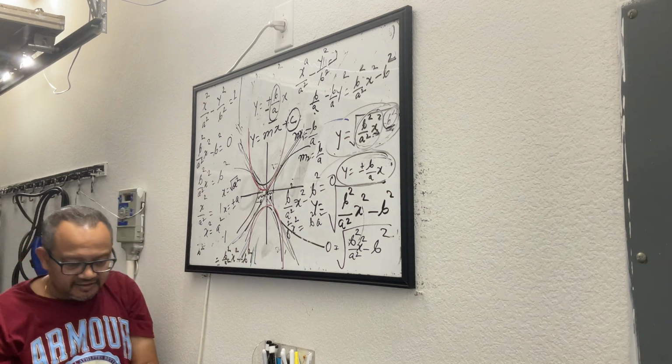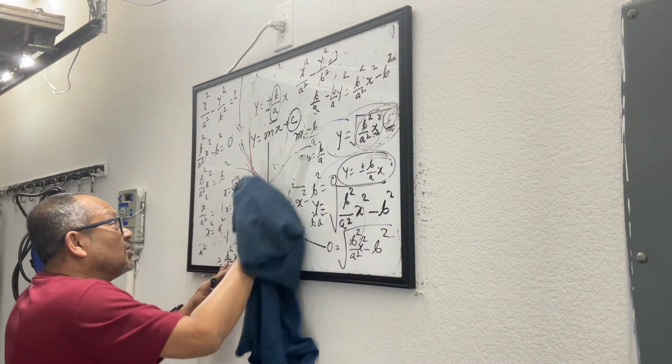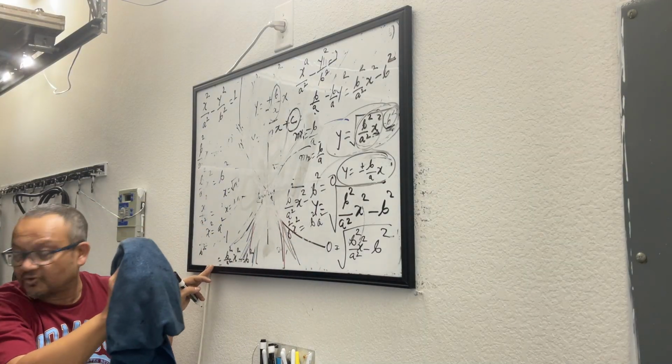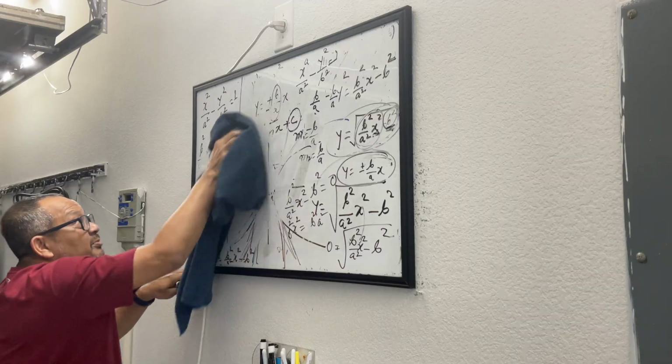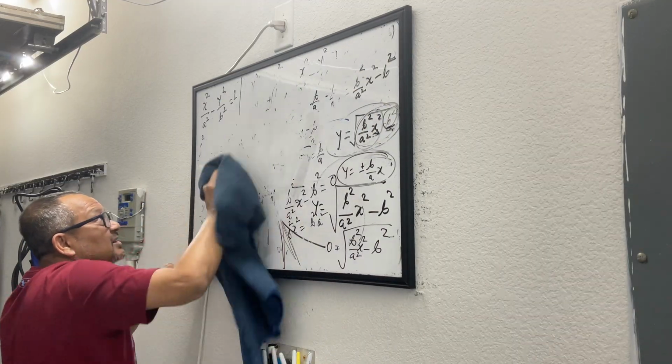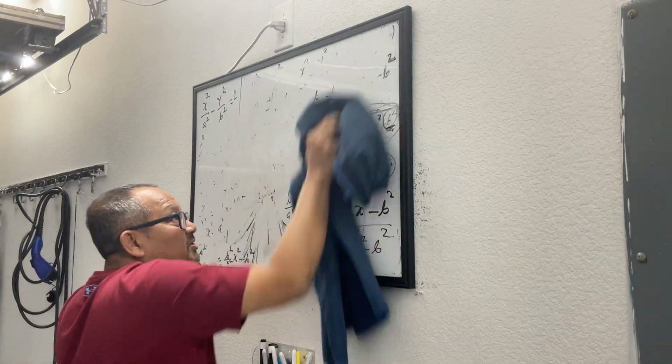Now we'll do a quick check. All that drama I did for the last, how many minutes? Almost 40 minutes. It was to make you guys believe that when you have a hyperbola, there are a couple of things that you are learning about it.